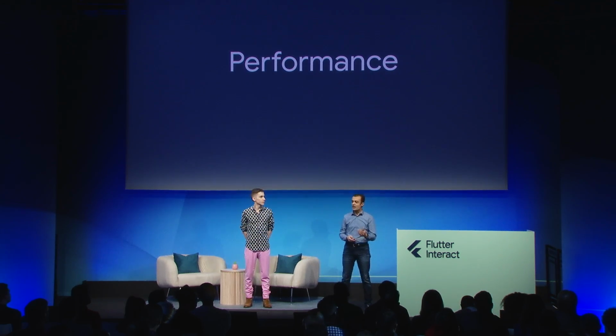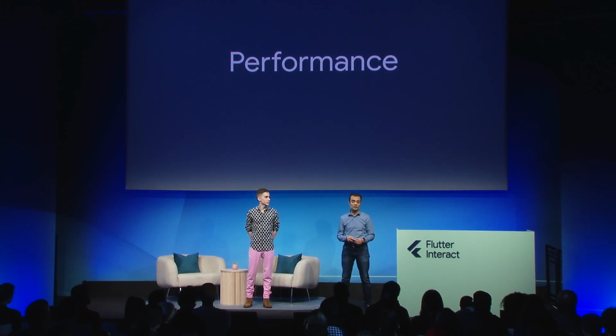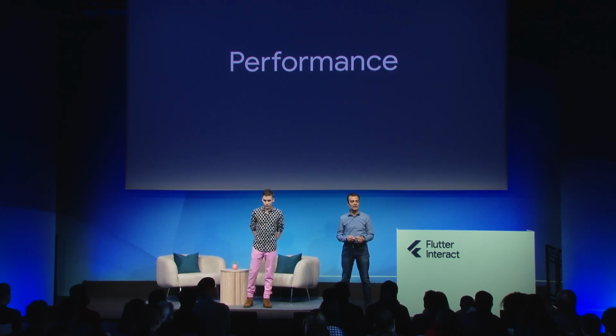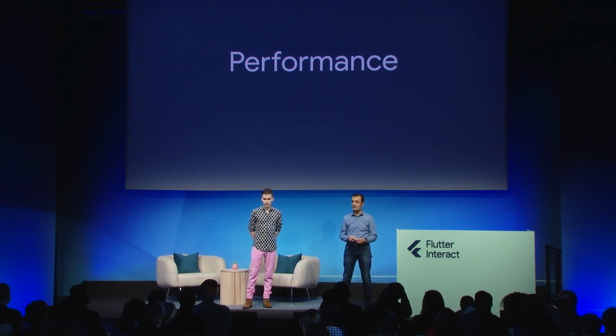And this year, we started making changes in the Flutter framework itself to make it much more performant when it comes to rendering on the web. And the performance optimizations we're doing for the web are actually benefiting all of the other platforms. So one of them is retaining layers.